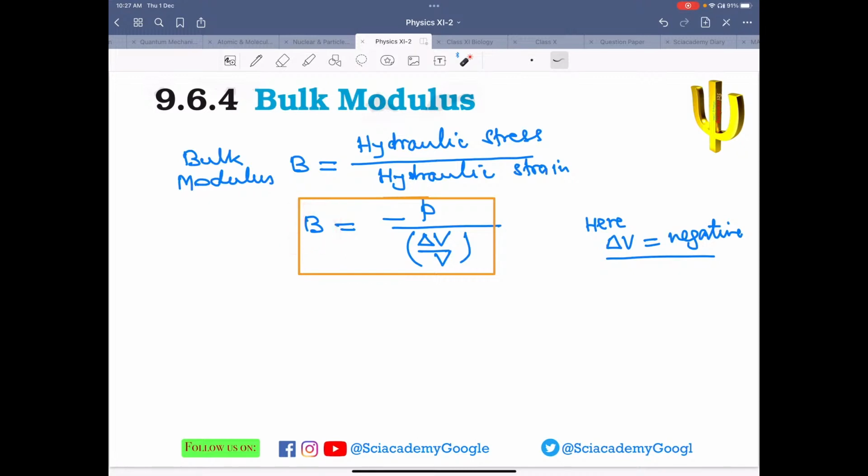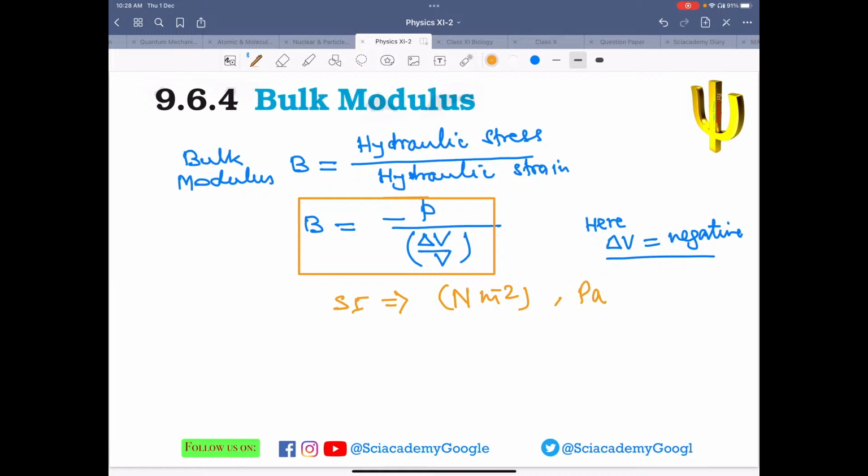Correct? Got it? So, for positive P, there is negative delta V, and resultant B will be always positive, and SI unit of this bulk modulus is same as that of pressure, that is Newton per meter square. So this is also Pascal.